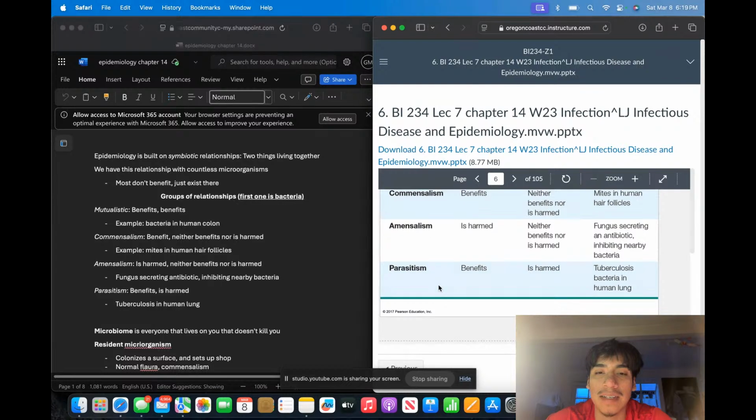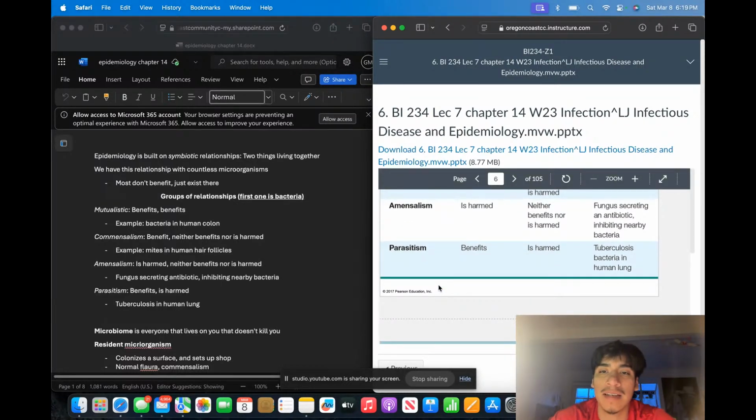Amensalism is the interesting one: the organism is harmed and the host is not. An example would be a fungus that produces a substance which kills all the bacteria around it. That's a symbiotic relationship, even though it doesn't seem like it.